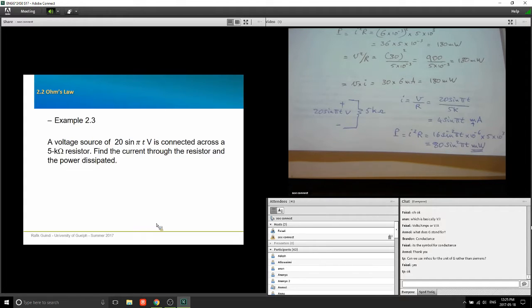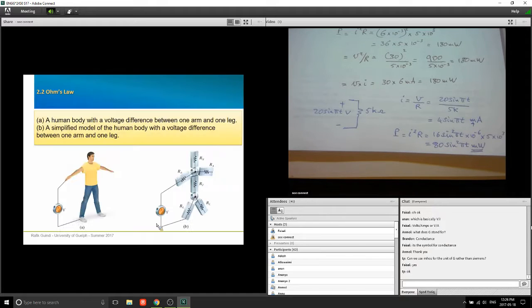Okay, any questions? So this is Ohm's law. Ohm's law is very good at helping us model different things in nature. So I mentioned that last time, when you have a resistance in the circuit, it can be the model for a lamp, for example.